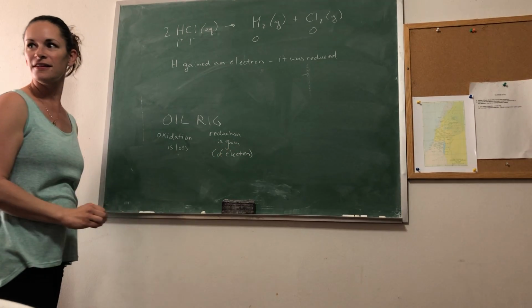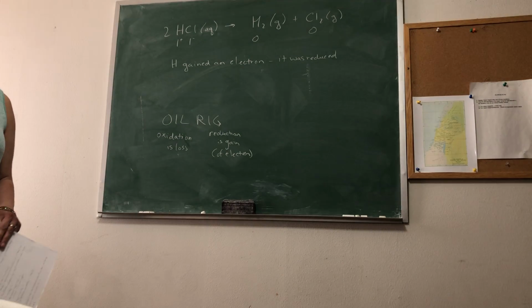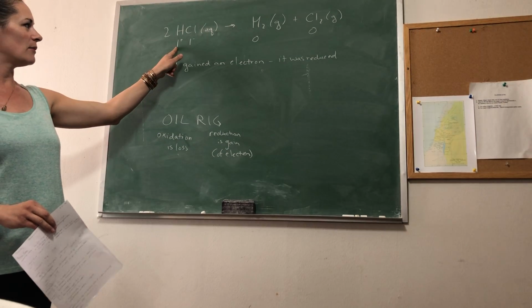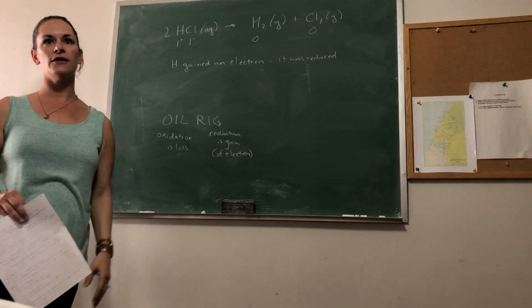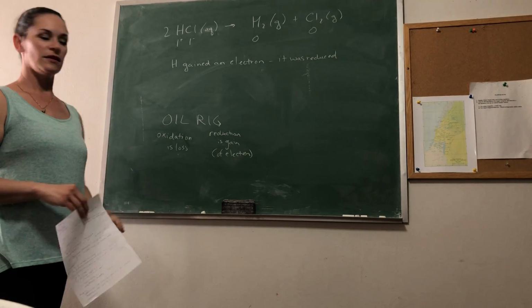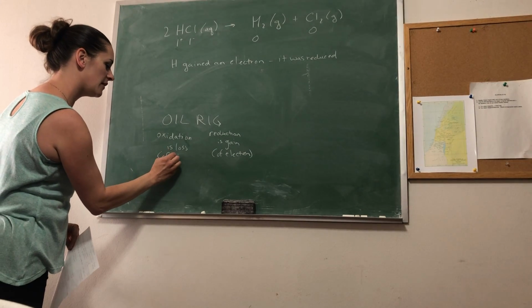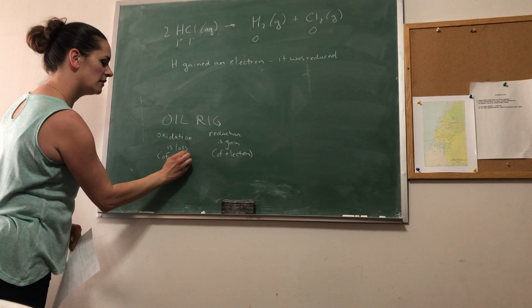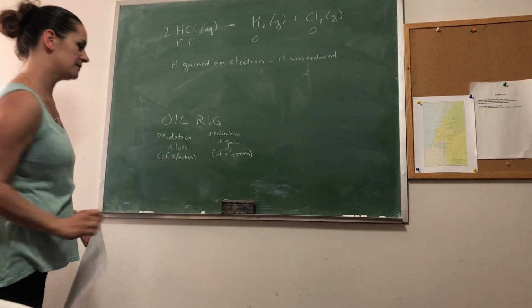Is that one easier? Or you can just think in terms of protons. I think of reduction like reducing protons: it was reduced from +1 to 0. That's how I always remember it. But I thought this one was good given our location in West Texas, oil rig.